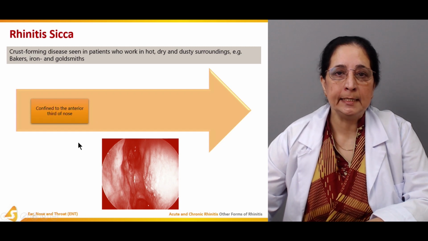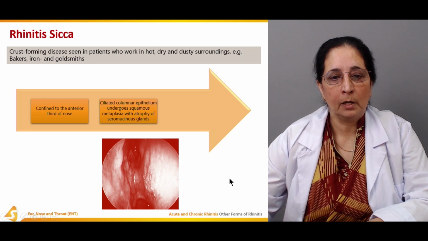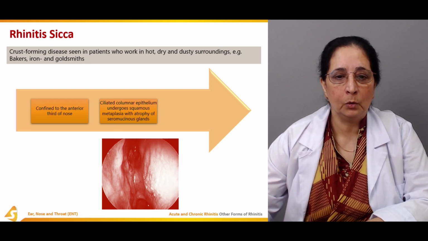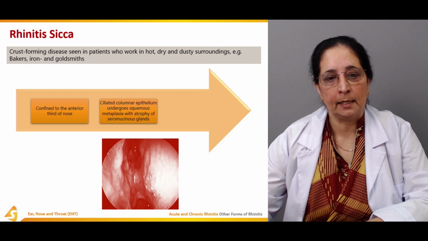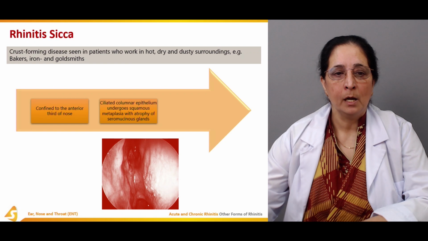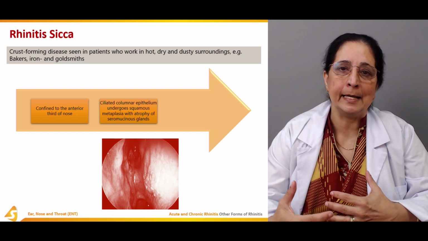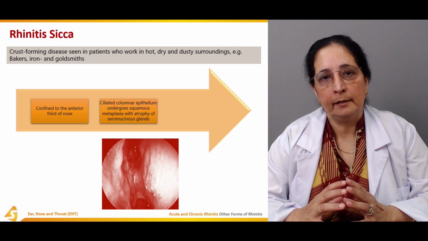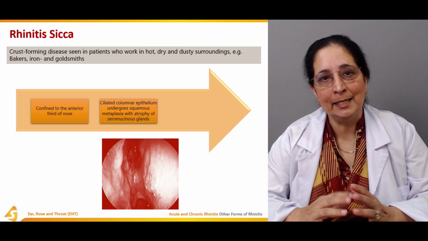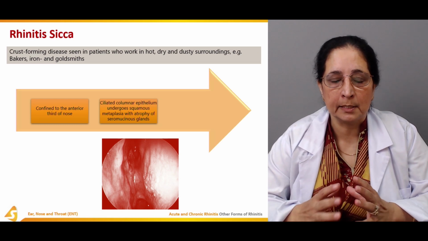It is confined to the anterior third of the nose. The ciliated columnar epithelium undergoes squamous metaplasia with atrophy of the seromucinous glands, more or less the same as I mentioned in atrophic rhinitis, where the ciliated columnar epithelium changes into stratified squamous type.